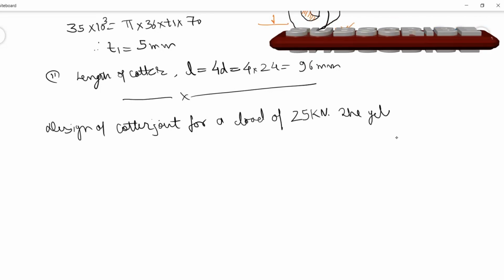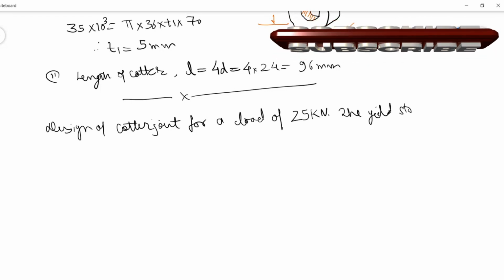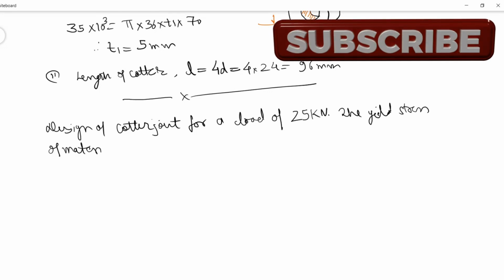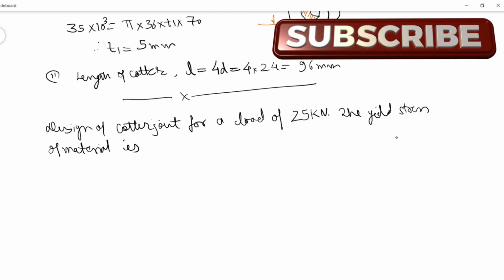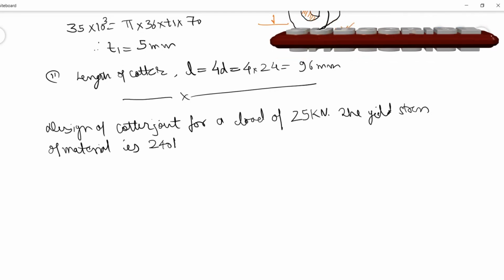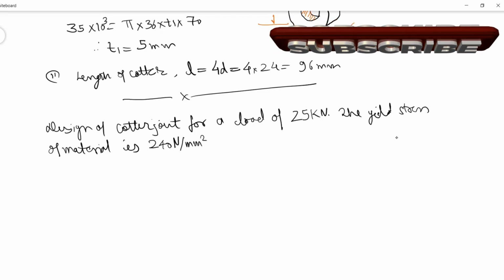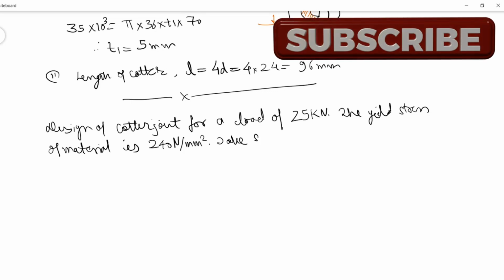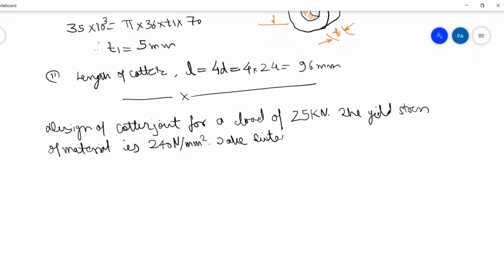The yield stress of material is 240 Newton per mm square. Take suitable factor of safety. Now if this is the question given to you, then load is known to you.